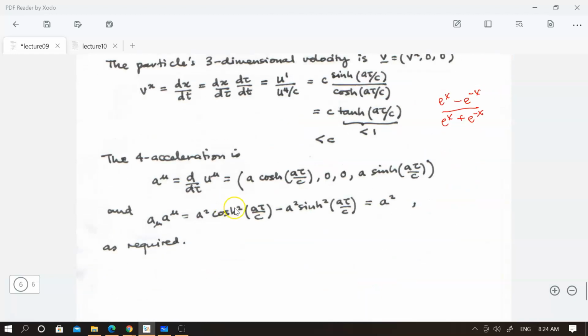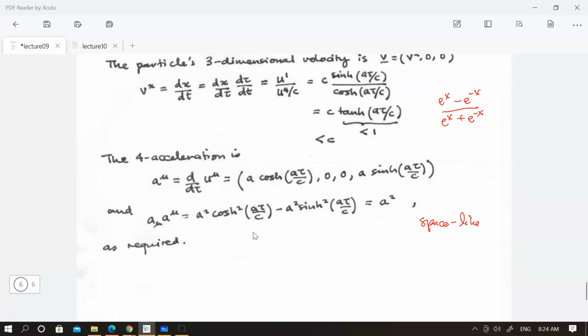And then we can continue to calculate the four-acceleration for the given world line. It's just the derivative of the four-velocity with respect to the proper time. Again, you can do the differentiation, so it gives you that. And if you take the contraction of a mu with a mu here, then it gives you something which is going to be positive because you know that it's going to be spacelike.